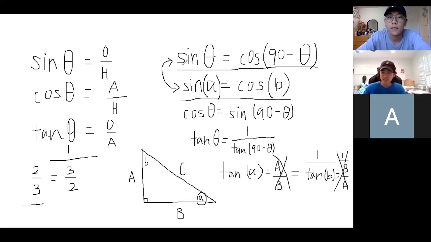Okay, if you look at these two equations, what did A become? Theta. What did B become? 90 minus beta. Okay, so read this equation without the stuff that I crossed out.